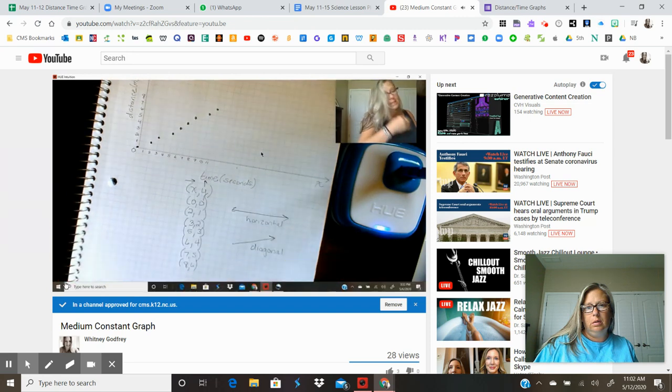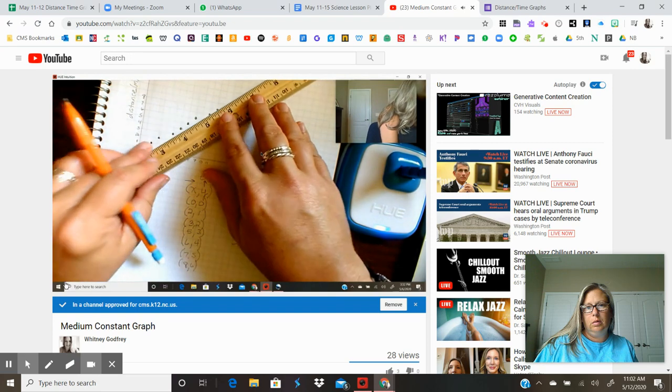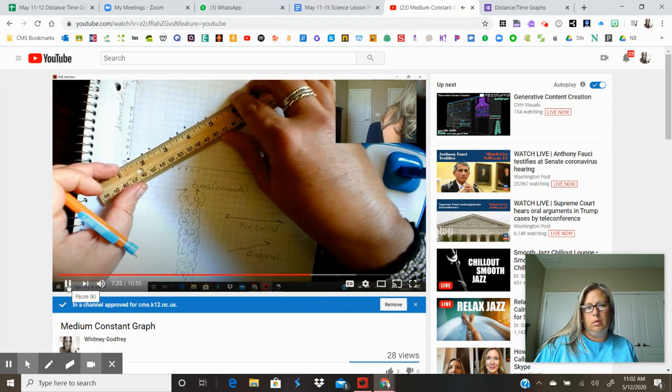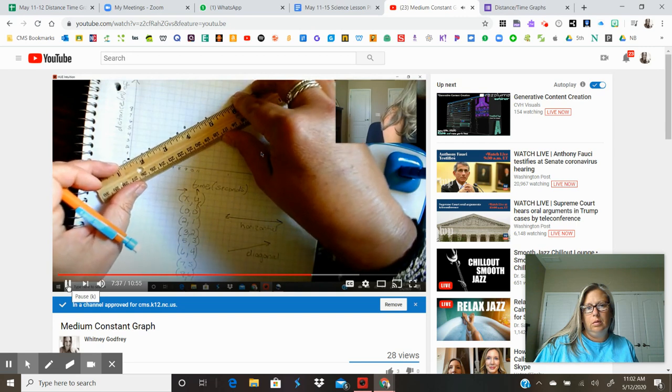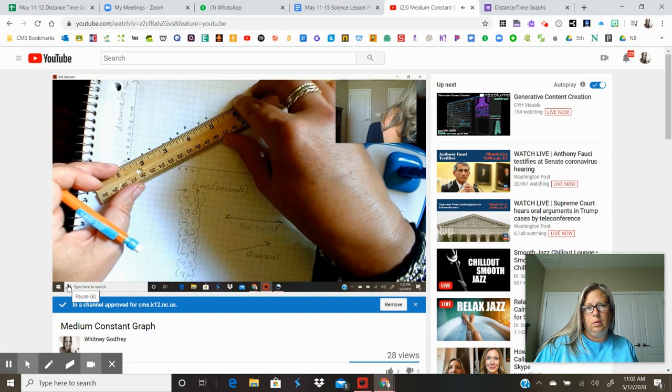Now, when you see a diagonal form, then that lets you know that your speed is staying pretty constant. Now, Nick's instructions were to walk at a constant speed, but that's hard to do.